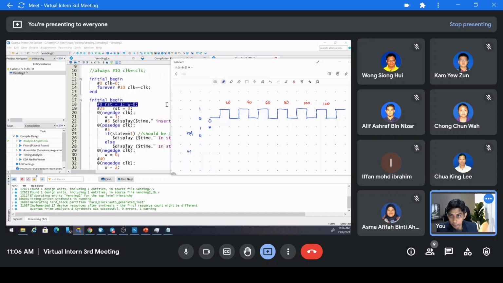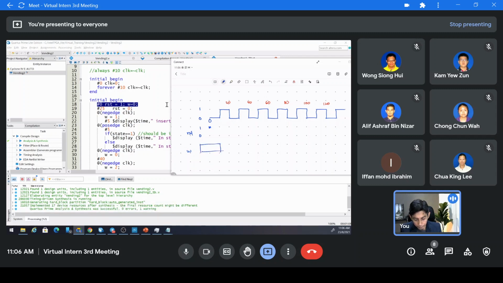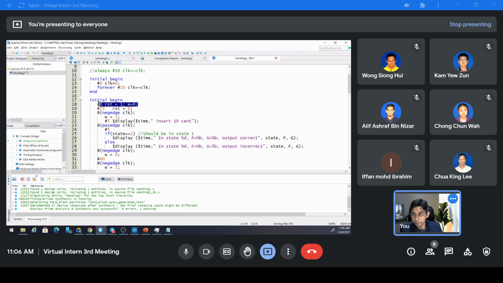So the 2-bit data, the timing diagram is represented as something like this, if data is 0, 1, 1, 0, and so on, right? So in this case, at 0, we start with W equal to 0, right? So that's it for this line.